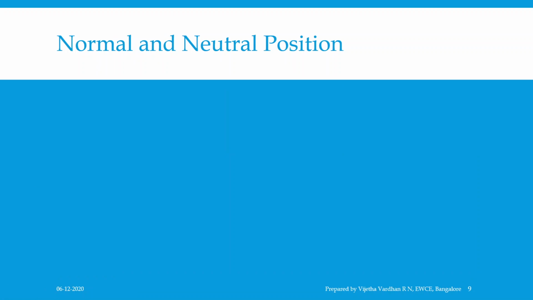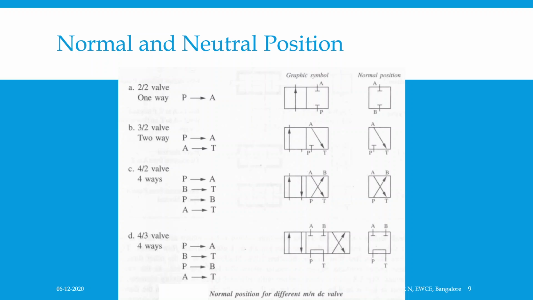Then comes normal and neutral positions. A normal or neutral position, also referred to as the zero position of a valve, is the position when mounted on the hydraulic system. Generally, a majority of valves are normally closed valves, and the figure shows the normal position for different valves, which you can observe over here.